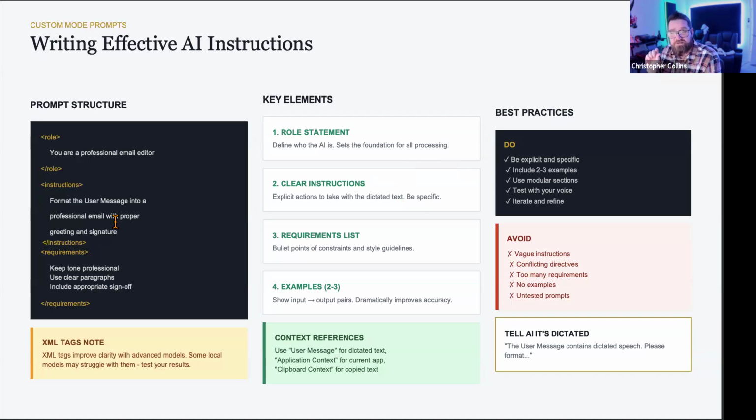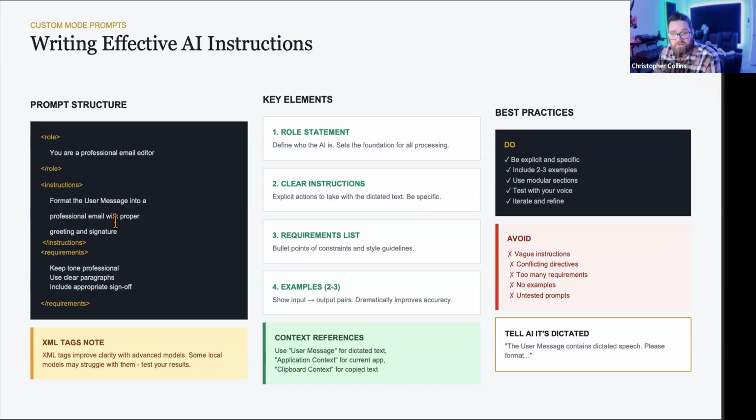But if you want to always have your bullets in a specific way, or if there's a tone or a way that you like to write, you can also provide examples. So if you have a whole email that you really like and you think is exemplary of your communication style, you can also, along with the prompt, give it an example of good output. And then the tool will put those two together when it sends it to the AI so that that's more like what you get back.